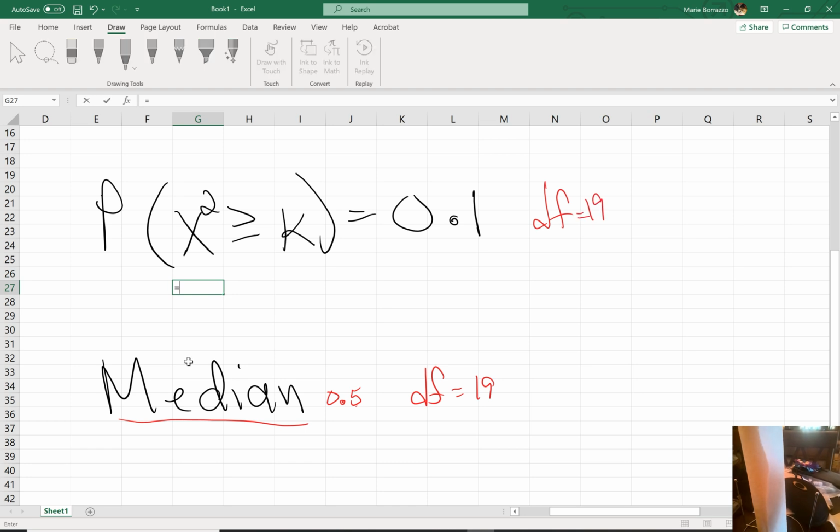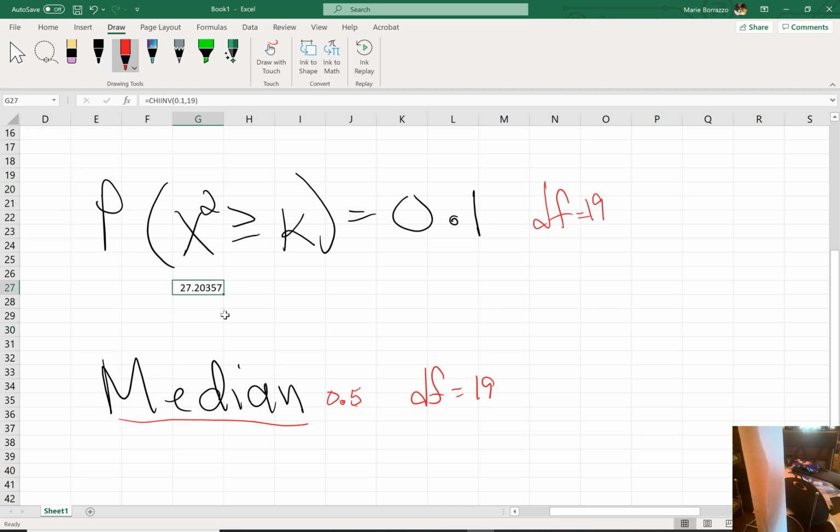So you would say equals chi inverse. Notice they're asking you for probability. The probability in our case is 0.1, comma, and then the degrees of freedom, which is 19. And that would be your chi-square value.